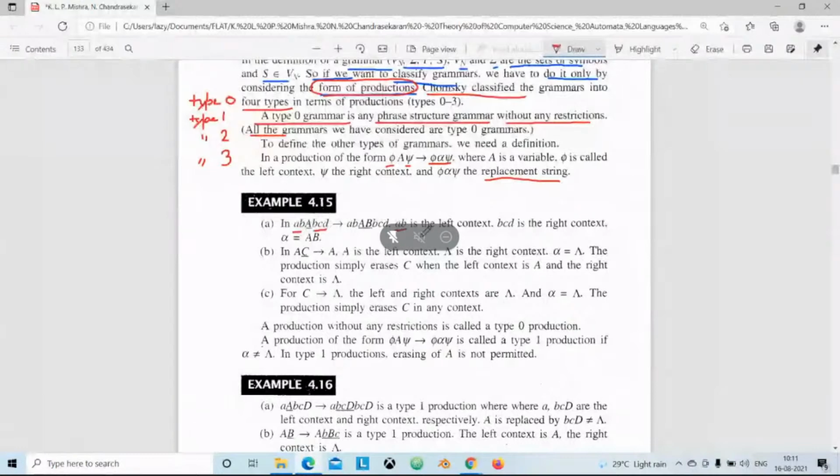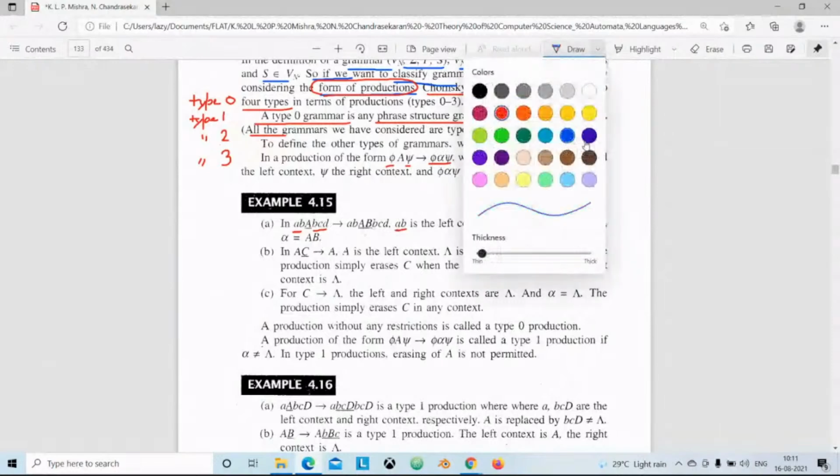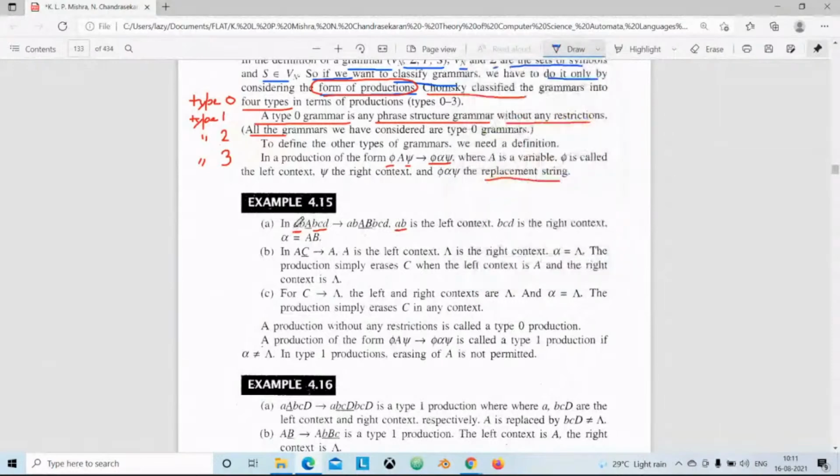We have to identify the variable, and based on that we can say what is the left context and the right context. This entire thing is the replacement string. And alpha is whatever comes in place of the variable A, so A is replaced by AB, that is your alpha.